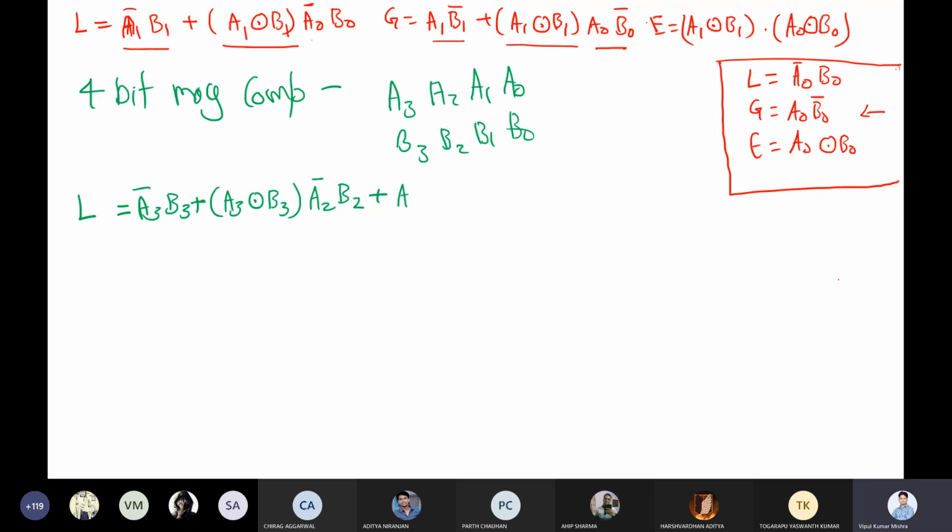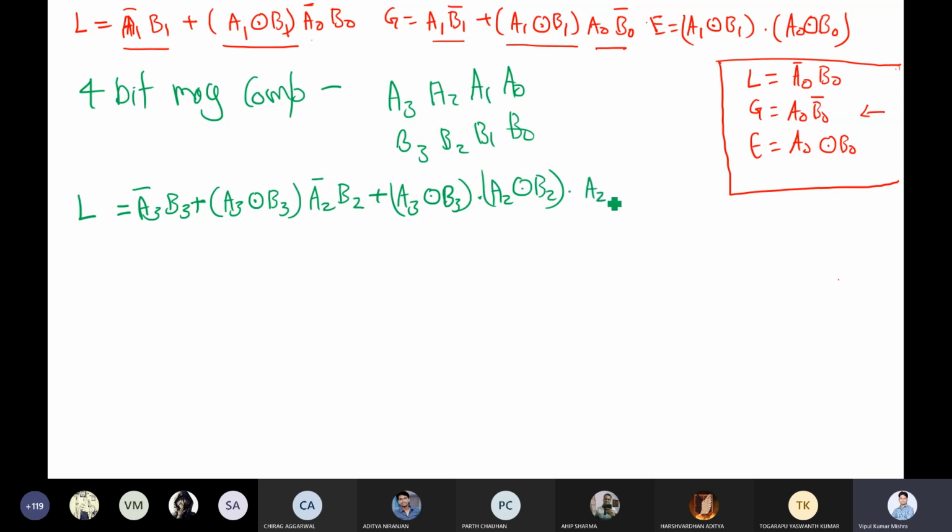Now, only A2 is important here, because the earlier one has already been compared. But by chance, if we have not checked equality of A3, the second and third terms will go wrong. Yes, we have to check equality for all higher-precedence bits. So A3 XNOR B3 dot A2 XNOR B2 dot, now we'll check for the lesser than.